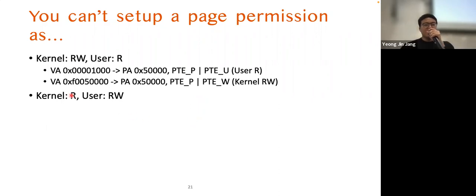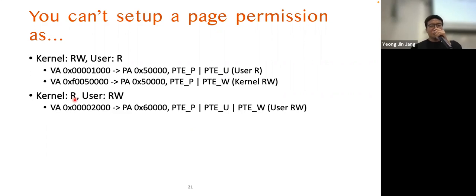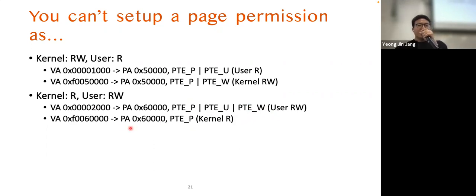And then for having the kernel read only and the user read-writable, that's also possible. For the user memory, we can map the virtual address like this, and then set all the flags enabled. Then the user can make read access and write access on this memory. But on the kernel memory side, you can get another virtual address and have just PTE_P, then it's read only to the kernel.